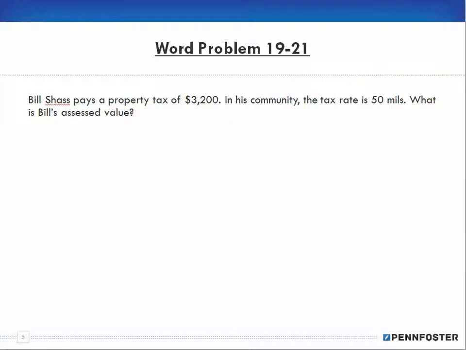19-21. Bill Schass owes a property tax of $3,200. In his community, the tax rate is 50 mils. What is Bill's assessed value? Remember, this is mils times 0.001 times whatever the assessed value is, and that equals the property tax.